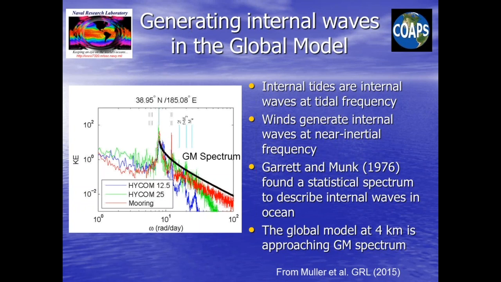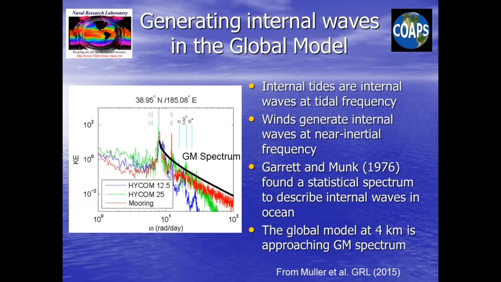It's called the Garrett-Munk spectrum. They found that with a few slight tunable parameters, what the stratification is and a little bit about how the structure of the thermocline functions, you can make a prediction for what the amplitude and shape in frequency is for the internal gravity wave field in this case.